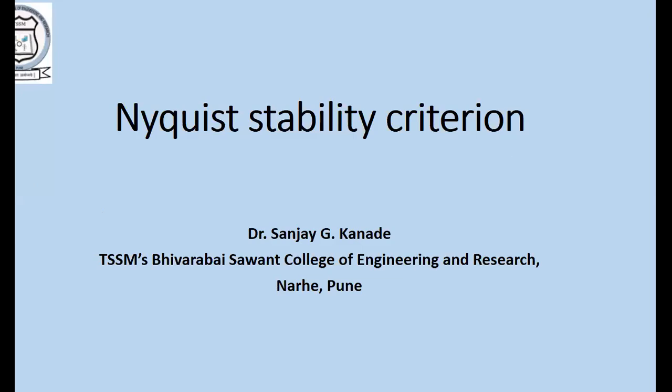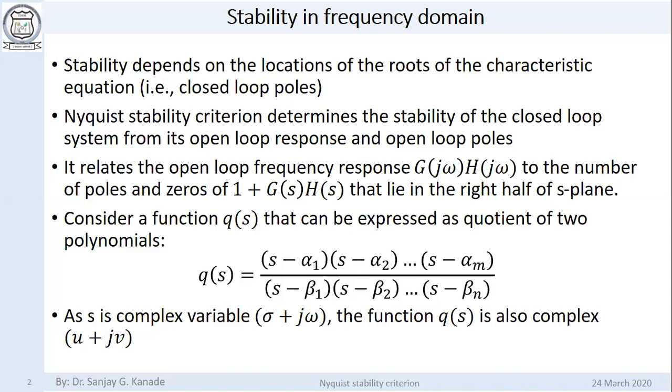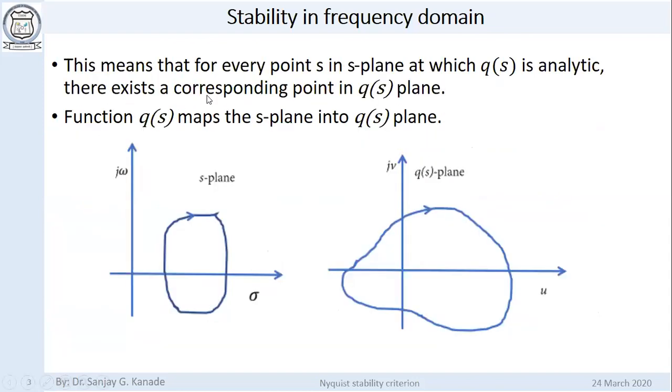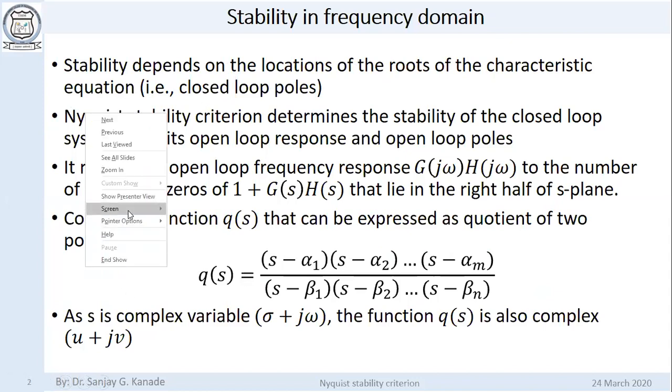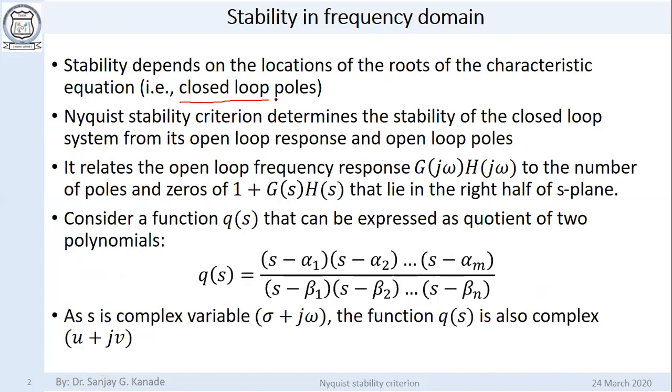Whenever we talk about stability, when we say the system is stable, the most important thing is the closed loop poles, right? The closed loop poles of the system are on the left hand side of the S plane. This is the most basic requirement of a system to be stable.